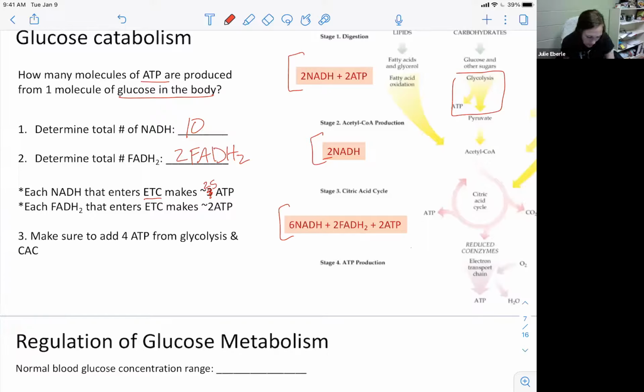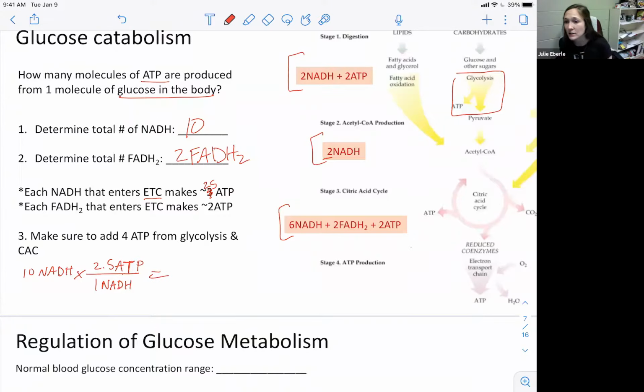How many ATP would we get? So if we have 10 NADH, we know that 1 NADH makes 2.5 ATP. So we can do, my writing is really spot on today, 10 times 2.5.